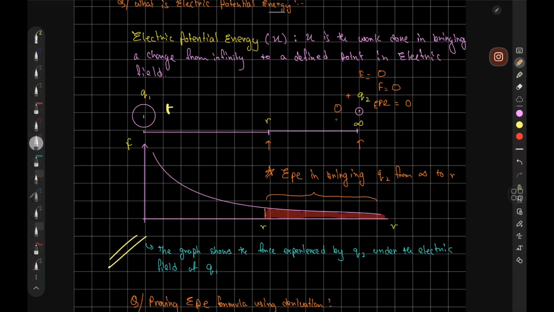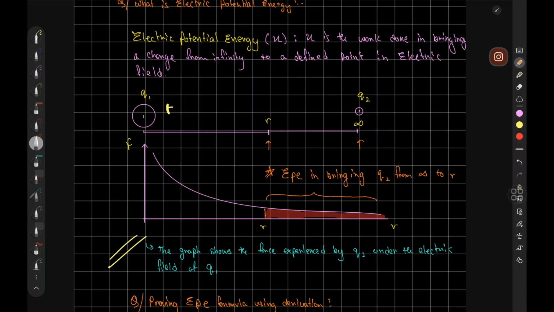So from 0 it increases to, let's say, 100, then increases to, let's say, 200 joules. So for repulsive forces, at infinity it's zero and it increases as it comes closer to the repulsive charge, right? That's why for repulsive forces, the electric potential energy is actually positive.